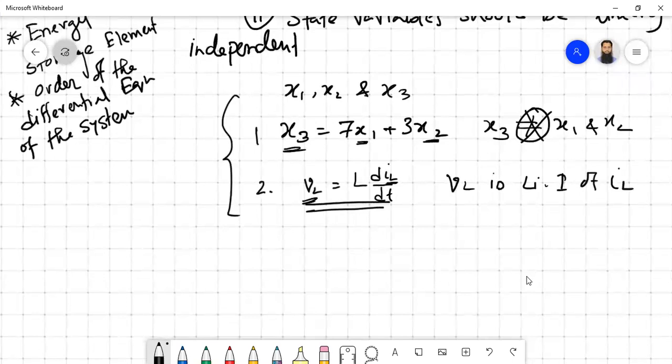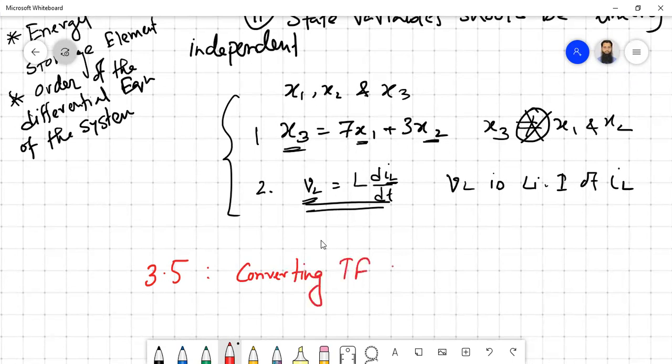Okay, so let's go to the next article, article 3.5. How can you convert a transfer function to state space? Article 3.5, converting transfer function into state space representation.